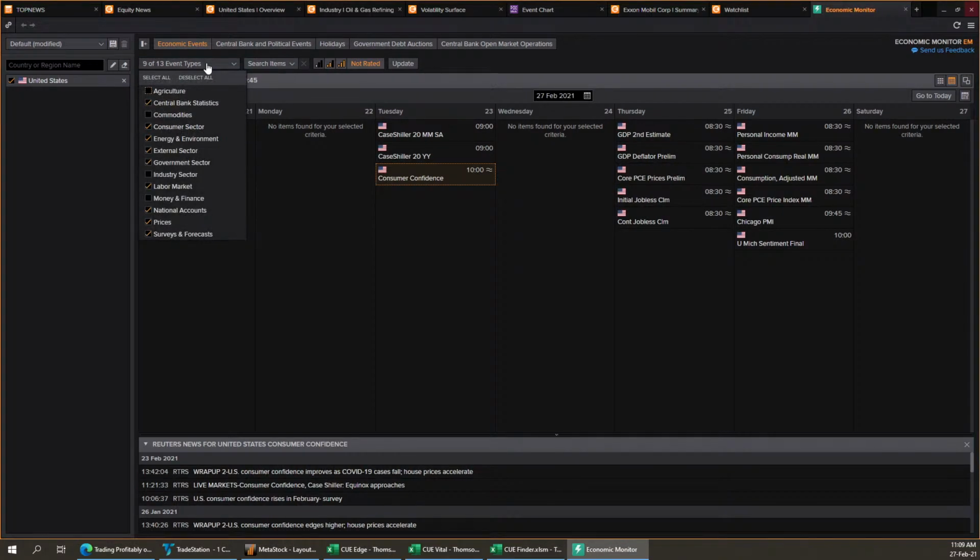And let me show the drop down. Later on you may pause the video and uncheck the ones that I have unchecked, or you may play around with the different events. Probably you will find agriculture, commodities, industry sector, money and finance. Unchecking them is useful. It removes the clutter and it still gives us all the important events we need to know of.